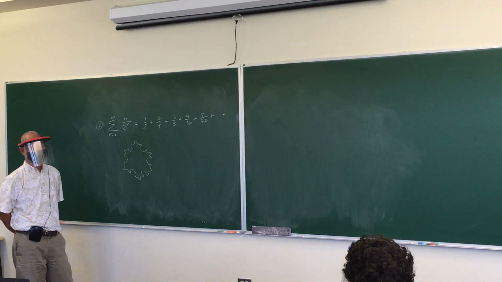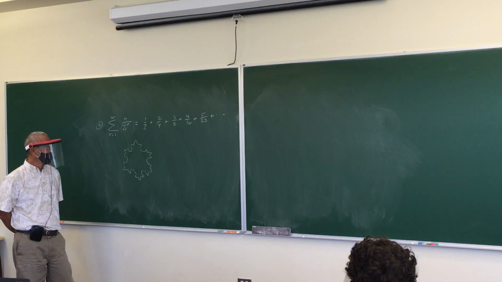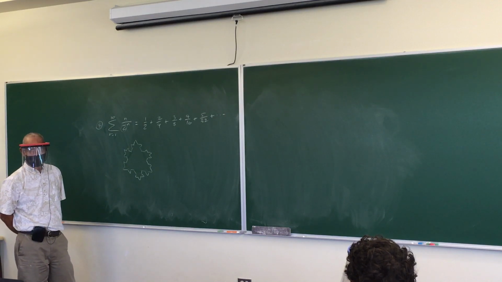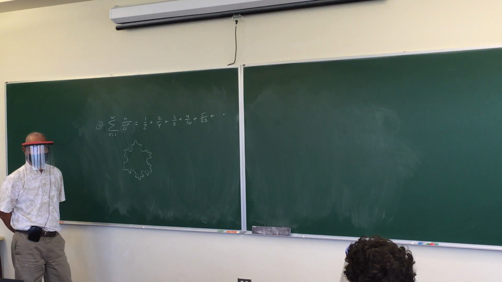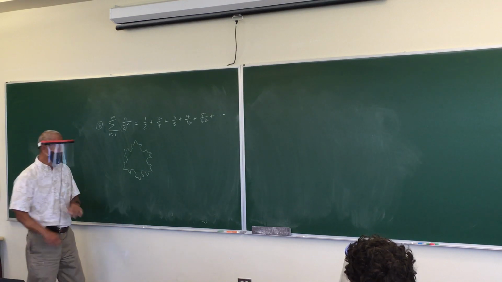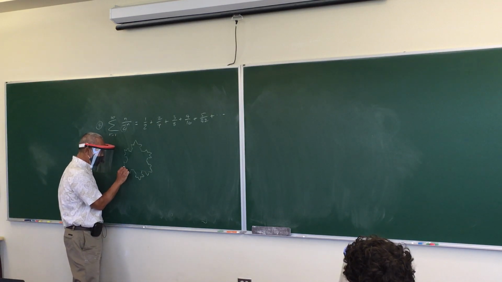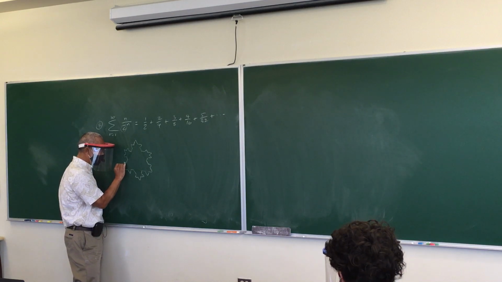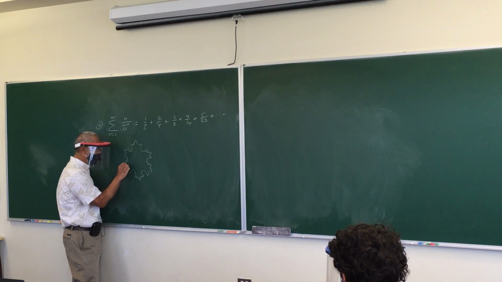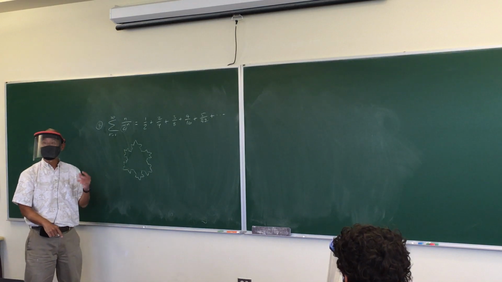There's a pattern. 48. What? 48. Okay, I heard two different answers. 24 or 48? 48. Yes, 48. So on each of those 48, you remove the middle third and replace it with a smaller equilateral triangle. I'm not going to go all the way around. And you keep on doing this forever.